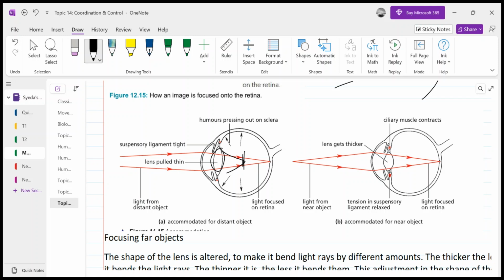And in this case, the image will be forming more here. The light will be more focused here, the farther it goes. And in this case, if the lens is not bulging, the image will be forming here.